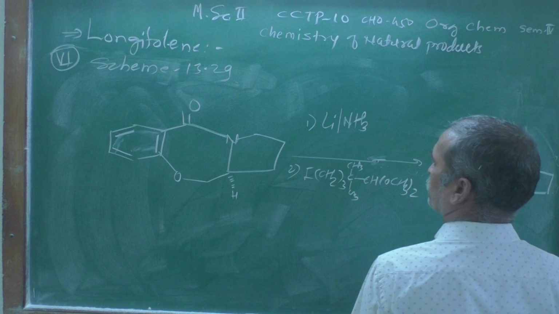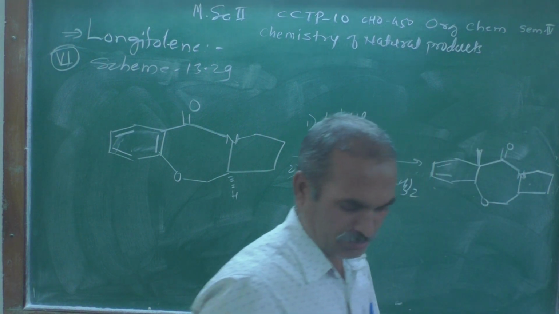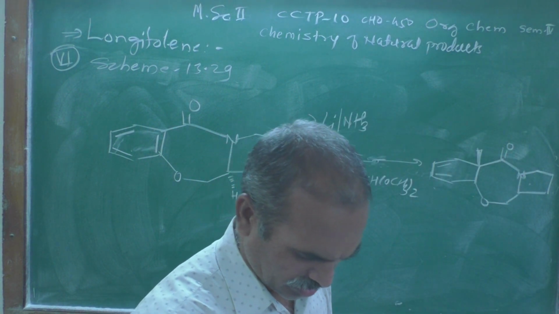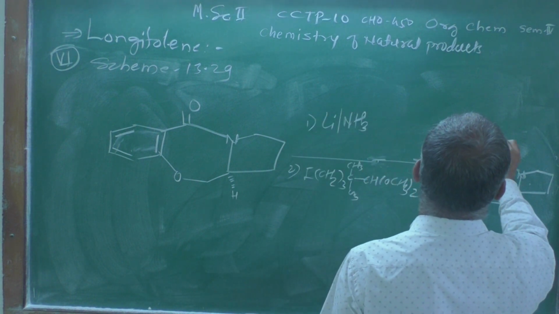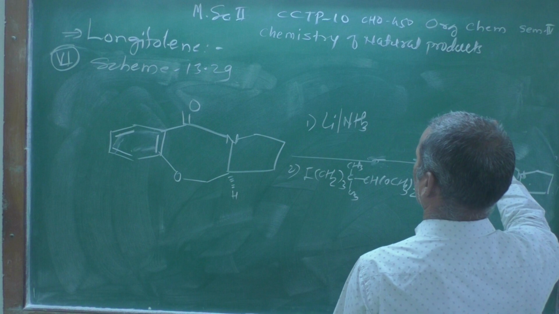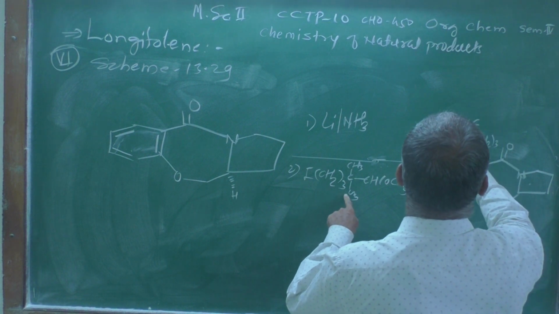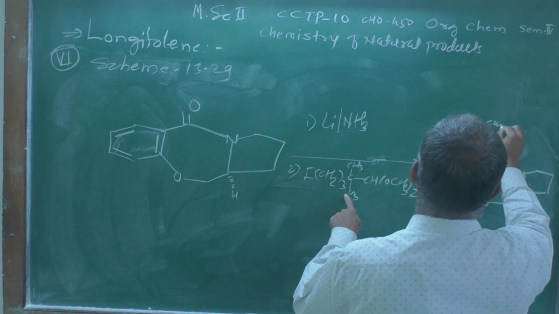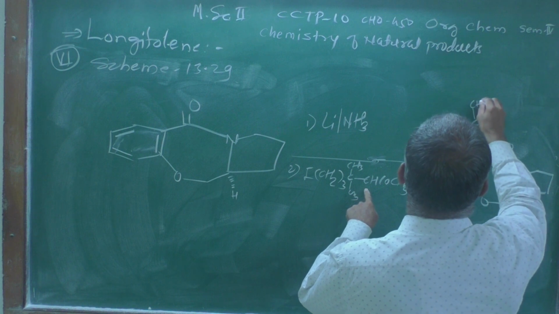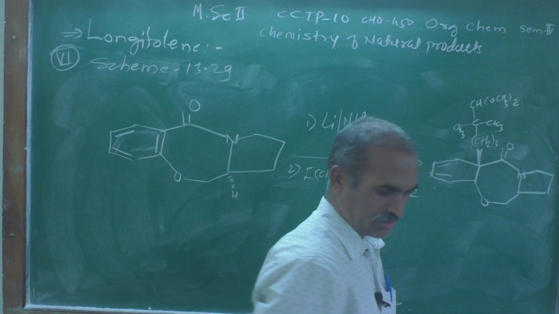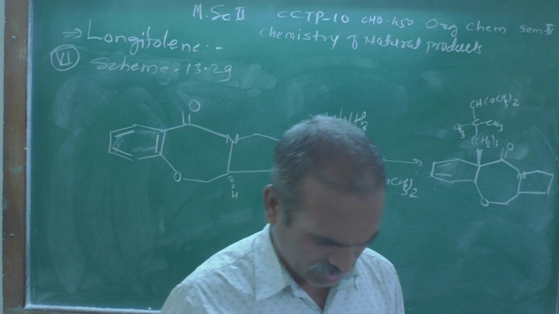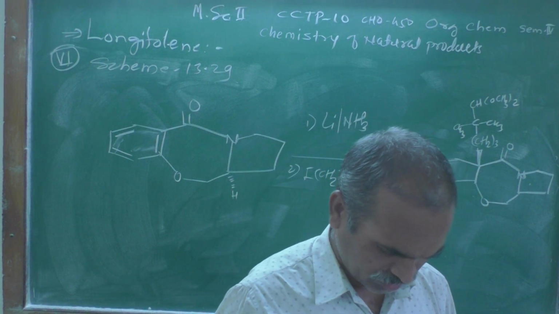Here only this group is added: CH2 thrice, then C, with CH3, CH3, after that CH, then O, CH3 twice. This is the group which is attached over there, and we got this one.